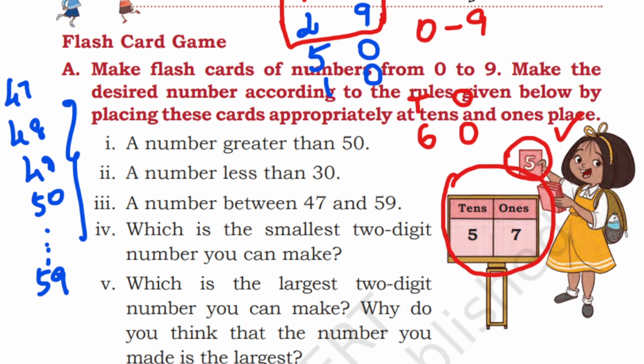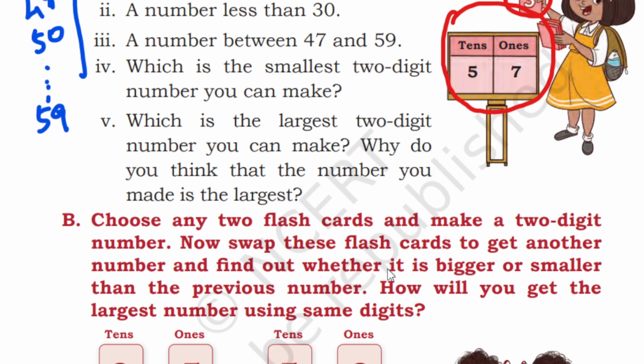We have a flashcard up to 9 only, right? So we cannot have another 9 for 99. So we only have one 9, right? So we can write 98 because we do not have another 9 to make the largest two-digit number. Okay, so that is the reason.